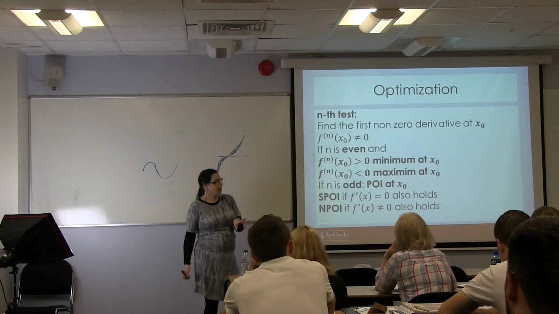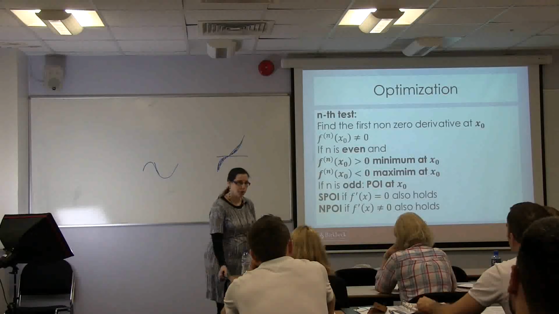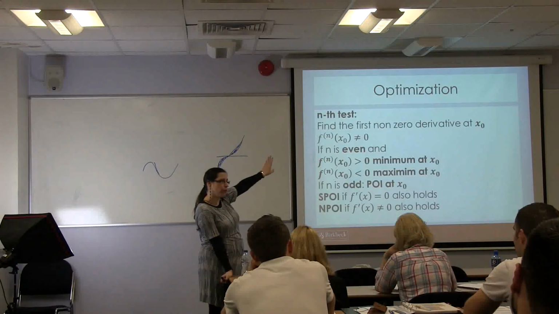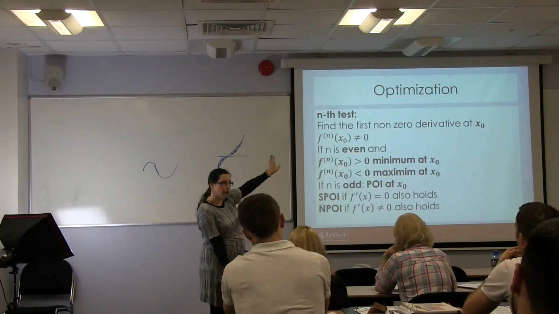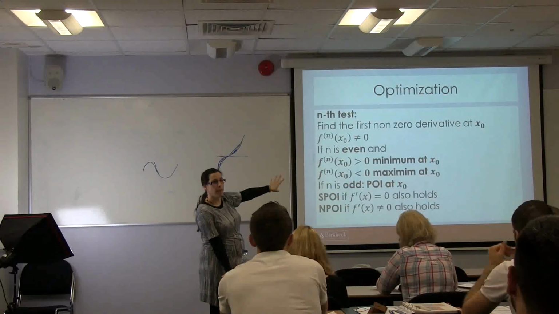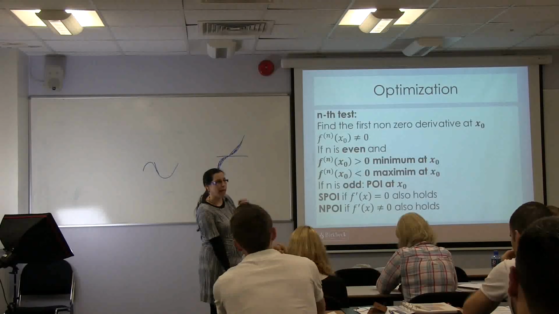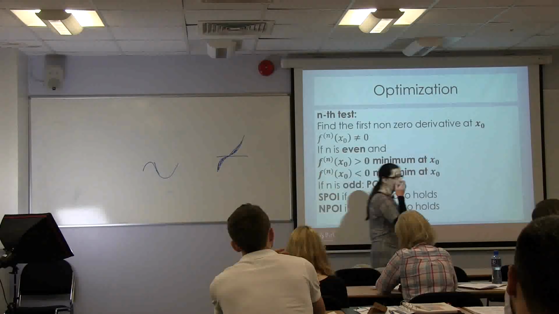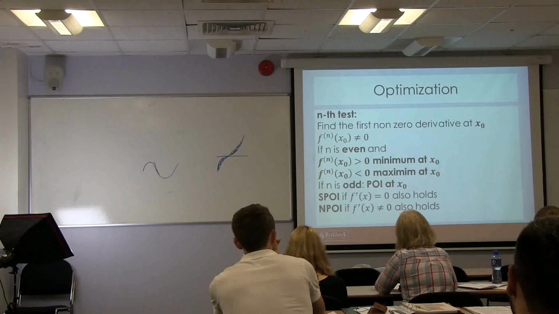Okay? Now, how can I check for non-stationary points of inflection? Because so far I started from the first order condition, and with the first order condition I can only identify the stationary points of inflection. So how can I check for a non-stationary point of inflection? Is it where the second derivative is 0? Yes.